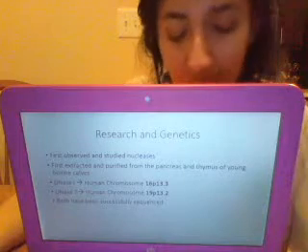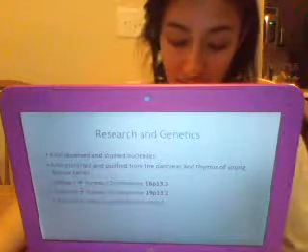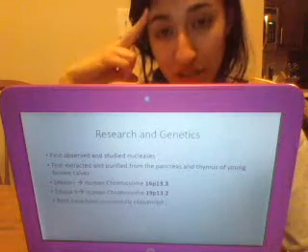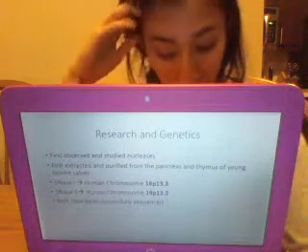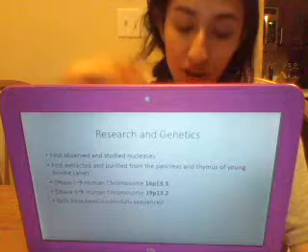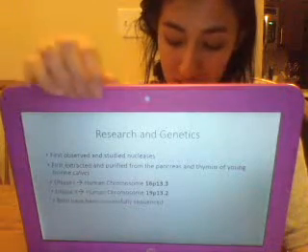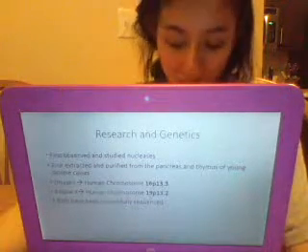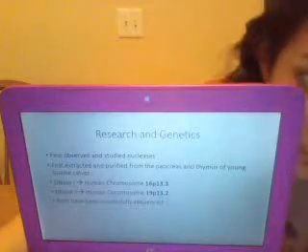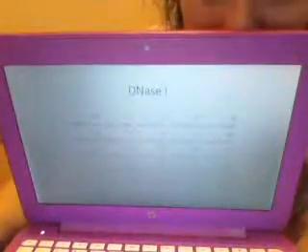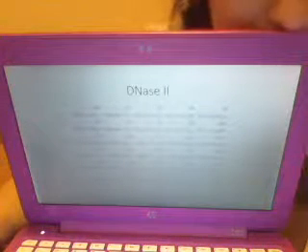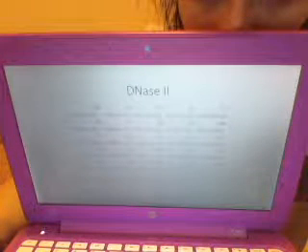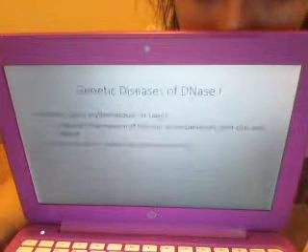DNase-1 has been located on the human chromosome 16, specifically position 16p13.3, and DNase-2 has been located on chromosome 19 at position 19p13.2, and they have both been successfully sequenced. This is their sequence, DNase-1 and DNase-2. Every letter you see here stands for one particular amino acid.